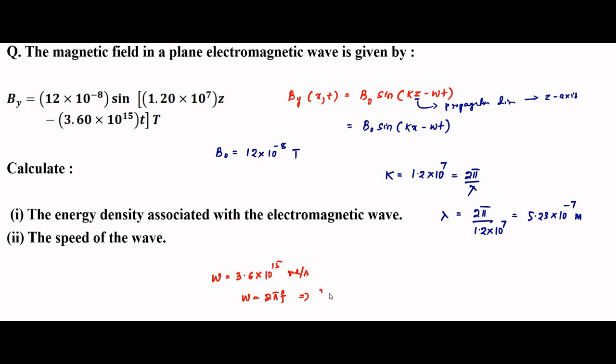That implies f = ω by 2π, which is 3.6 × 10^15 by 2π hertz. If we calculate, it is coming around 5.73 × 10^14 hertz.